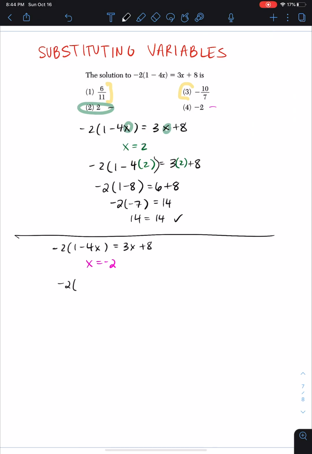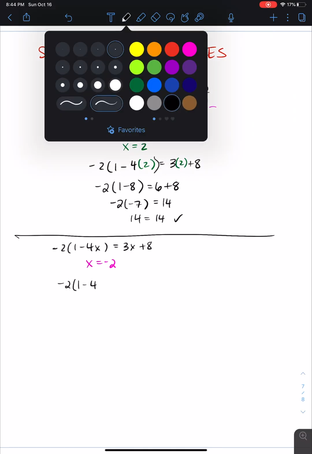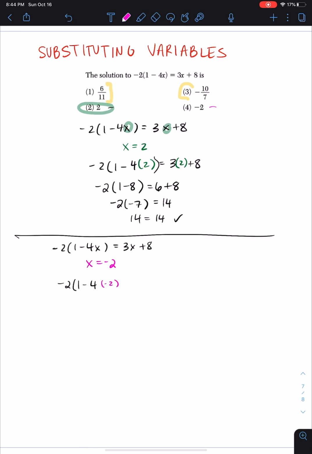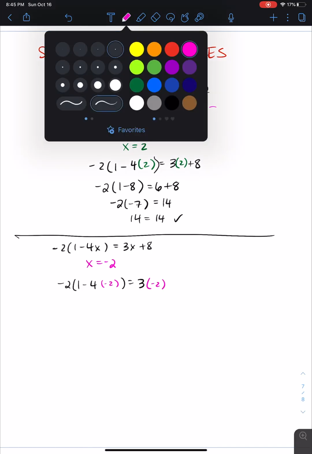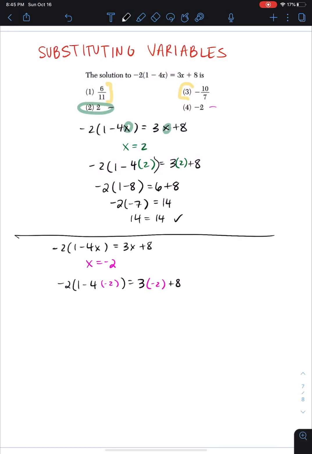So we have -2 times (1 minus 4 times -2) is equal to 3 times -2 plus 8. Now we're just going to simplify. -2 times (1, -4 times -2 gives us positive 8) is equal to 3 times -2, which gives us -6 plus 8.